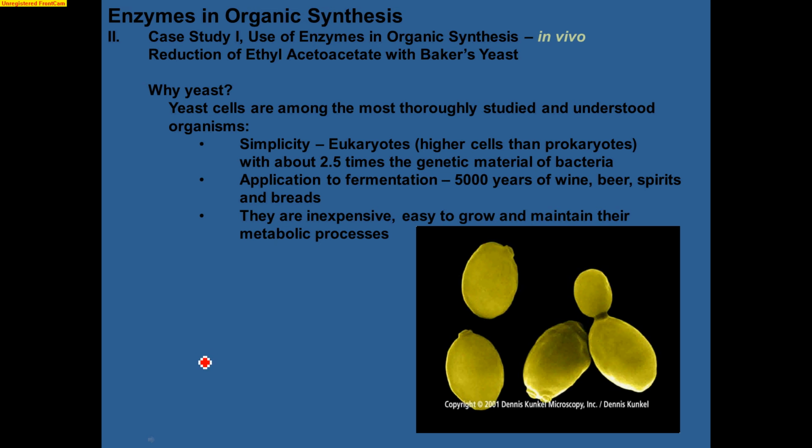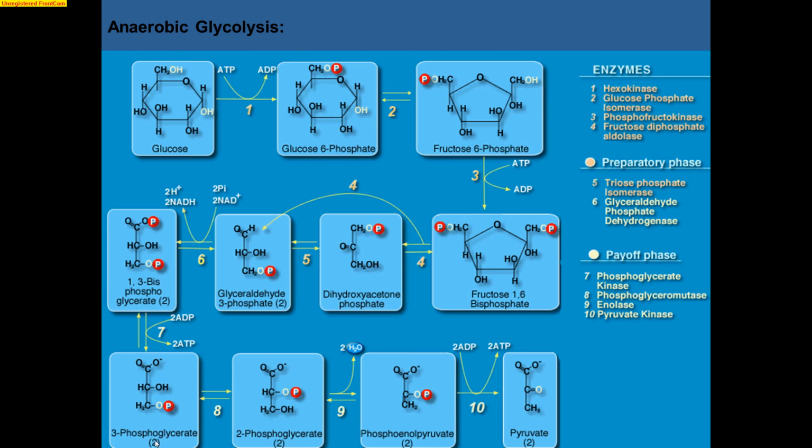So as already stated, we're going to be doing these reactions in vivo inside of yeast. Why is this? It's easy, it's straightforward. Yeast are very well studied. There's a variety of reasons for it.